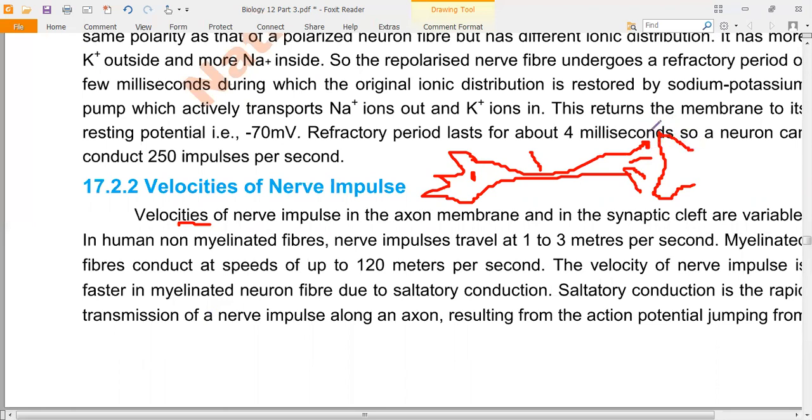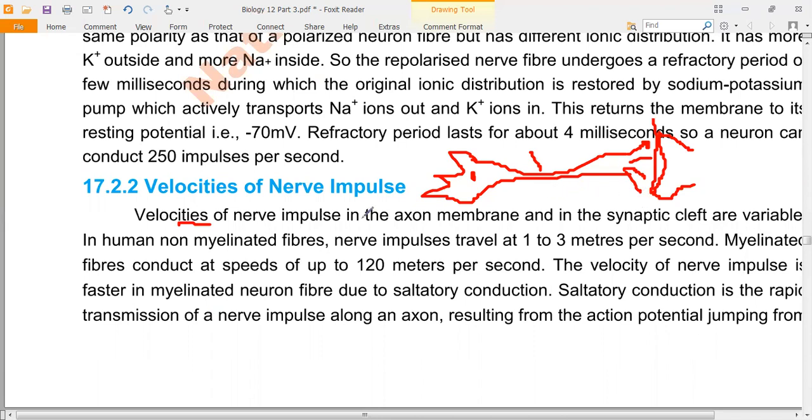So we can see this is the synaptic cleft, and through this synaptic cleft there is a different velocity of nerve impulse compared to the axon. One more thing, velocity depends on the length of the neuron as well, because this is too long and here the distance is very less.